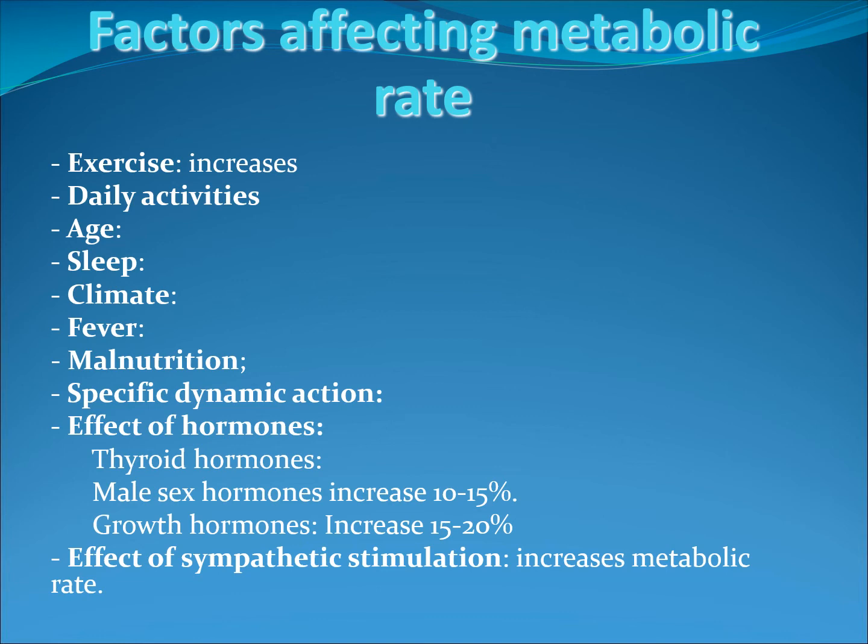Also, according to climate, we can have differences in metabolic rate. Persons who are living in cold climate, they are usually having higher metabolic rate than persons who are living in hot climate.